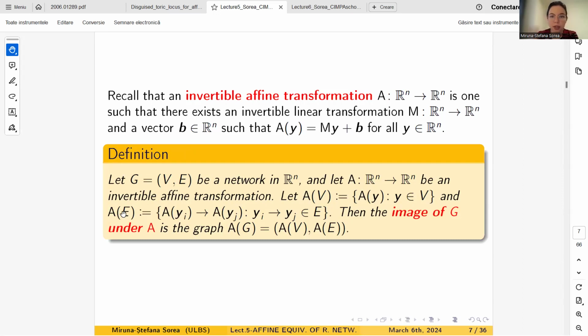And for the edges, the set of edges of the new network, we just connect these images obtained before. Excuse me, are we assuming that this network is an E-graph? Yes, we assume it is a Euclidean embedded graph, an E-graph. Actually, there is a small observation here.